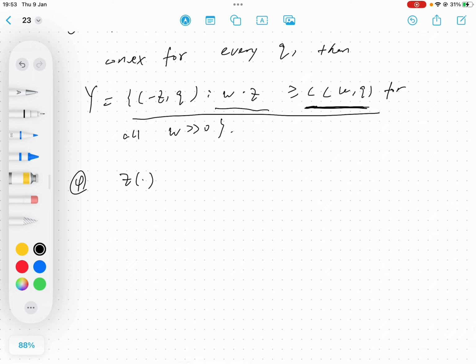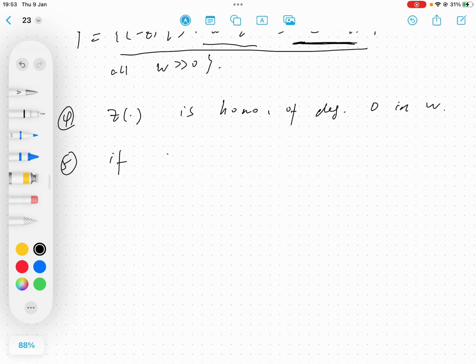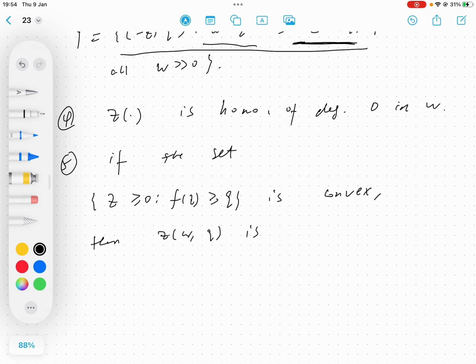So number 4, Z, of course, the solution will be homogeneous of degree 0 in W. And 5, if the set of z with F(z) at least q is convex, then Z itself, this set, is convex.